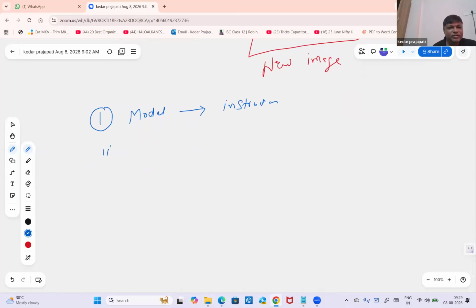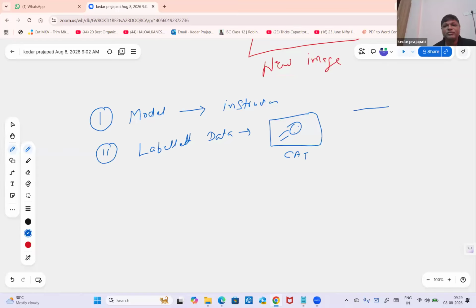Second thing, what we did, we gave the machine labeled data. Labeled data means the images had names. So this is a cat, something like that, and this is a dog, something like that. Now, third thing, when you are asking the machine, you are giving an input.